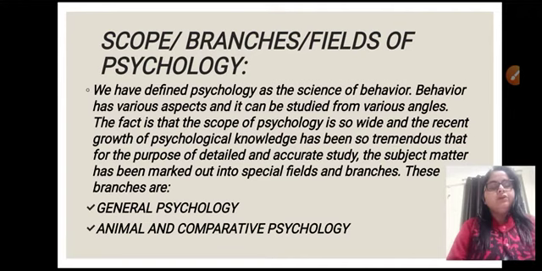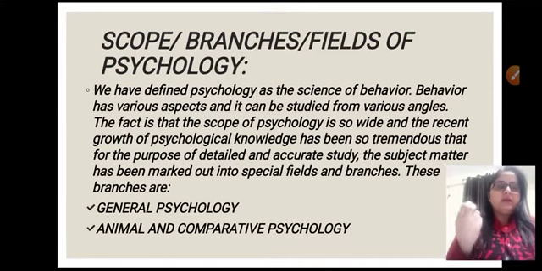Now, before we talk about the scope of psychology or the areas of psychology, let me just remind you a bit how we define psychology. As we are already aware, in psychology we study the behavior of different individuals and animals.